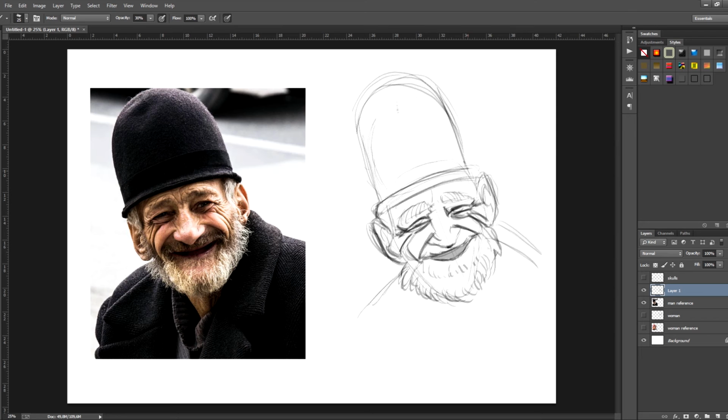Finally, we'll tidy up the edges to add strength to our drawing. Finish up by drawing the shirt neck and some of his other clothes.